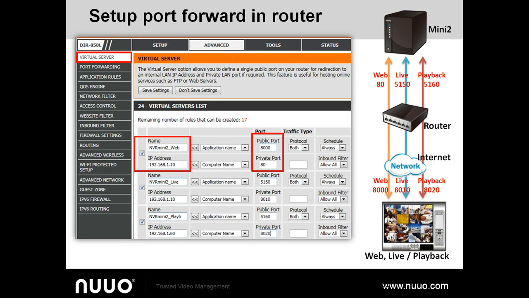After setup is completed, the remote user can connect with this NVRMe2 web page by keying the public IP address with port 8000, and will receive live streaming and playback by ports 8010 and 8020.